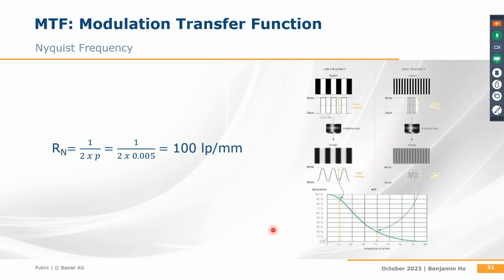Furthermore, this calculation result is based on the 30% contrast criteria on the MTF graph. In practical terms, this means that to accommodate a 5 micrometer pixel size, you would need a lens that has more than 30% contrast at 100 LP per mm in the MTF graph.